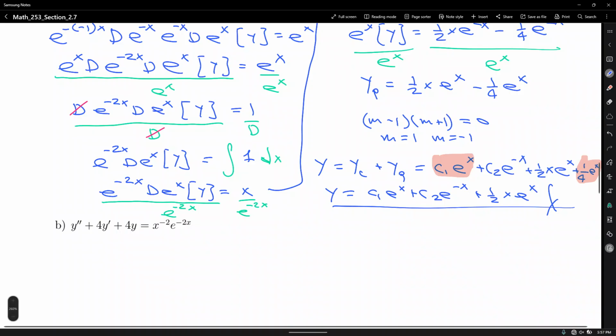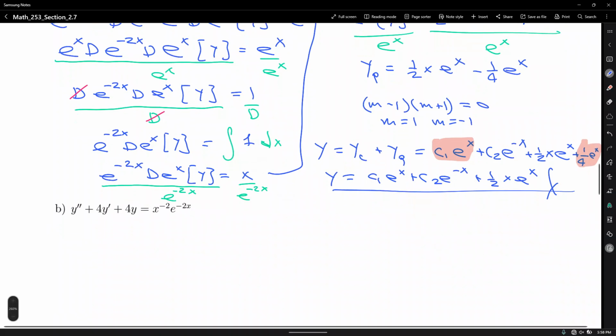So we should use variation of parameters. We have to find the Wronskian, finding integrals, having these crazy products, maybe a little tedious to do. Well, as an alternative, we're going to use the operator method.